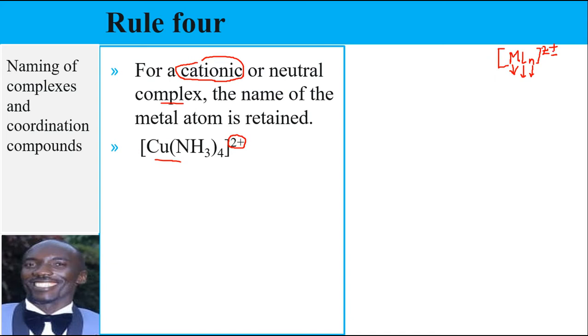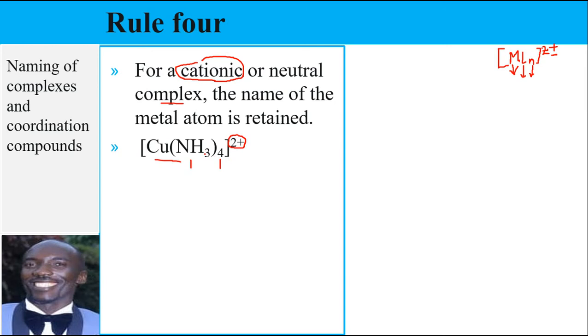Here the charge can be positive or negative. If it is none of these, then it is 0 charge. So if I compare these, the metal atom in this case is copper, then the ligand is amine, N is equal to 4, and Z is 2 plus.